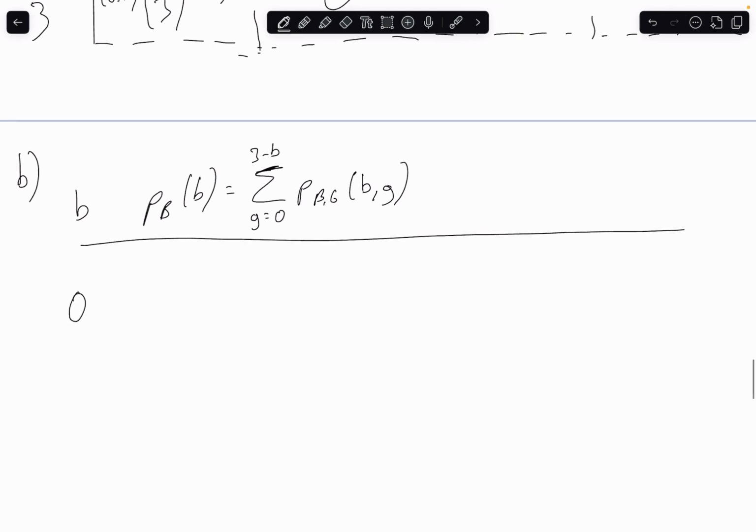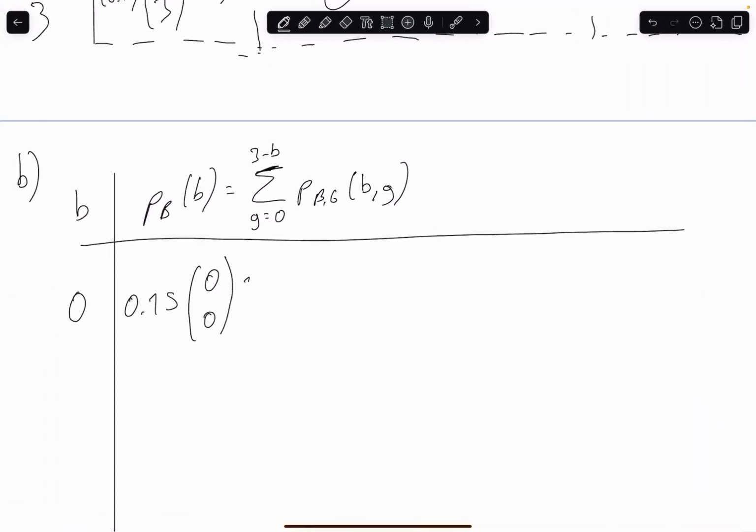When B is 0, we need to sum these values. Having 0 boys and 0 girls, having 0 in total is 15%, and we are not going to have any, so that's why this one is simple. Plus, this time we are going to have just 1 girl and 0 boys, as we stated in here.